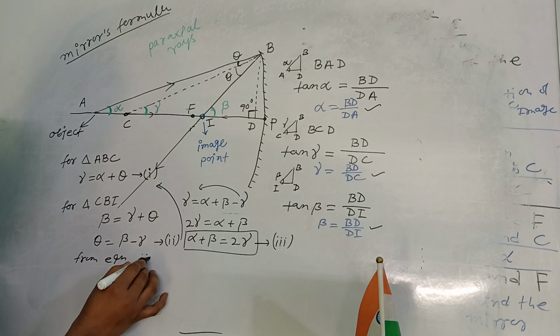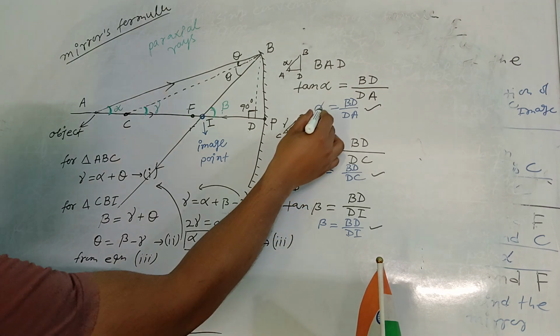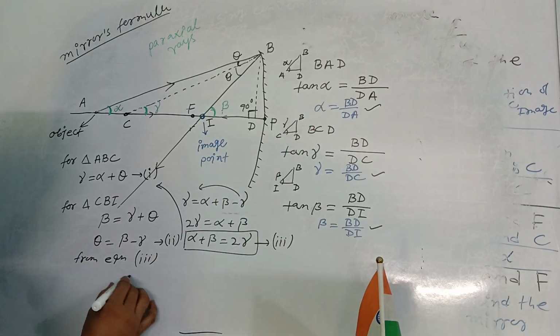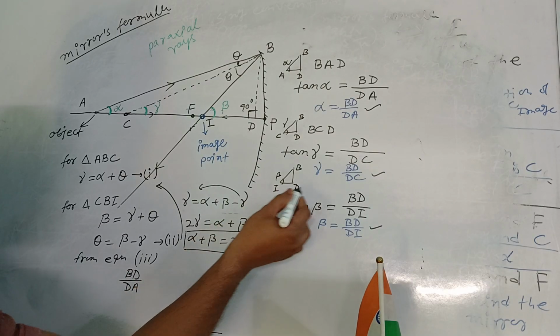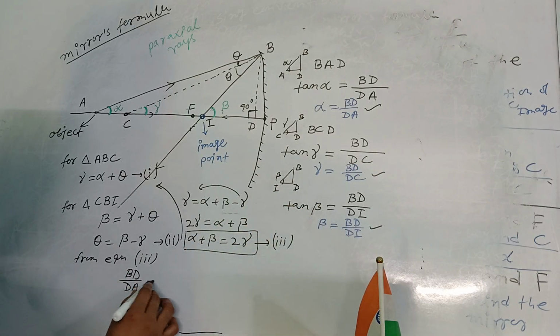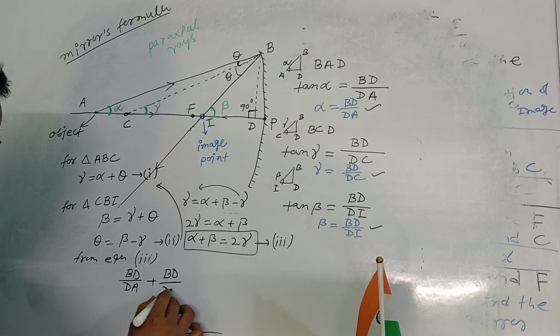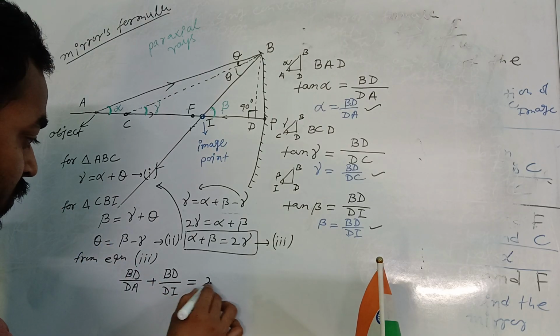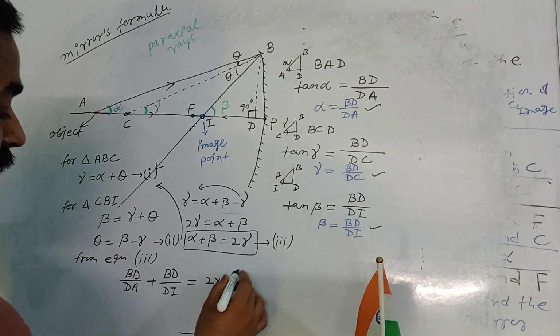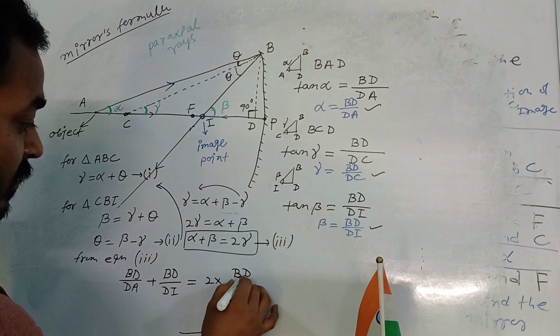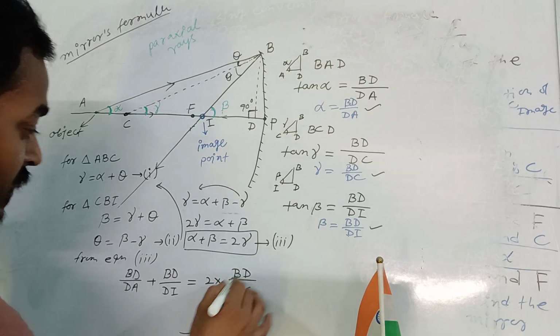From equation 3 we can write alpha as BD divided by DA, plus beta, which is BD by DI, is equal to 2 times gamma, which is BD by DC.